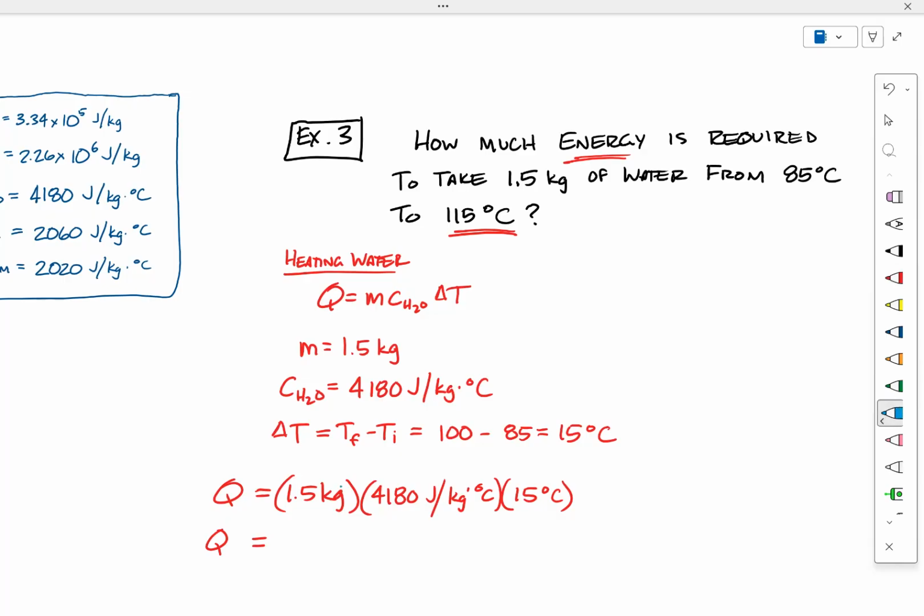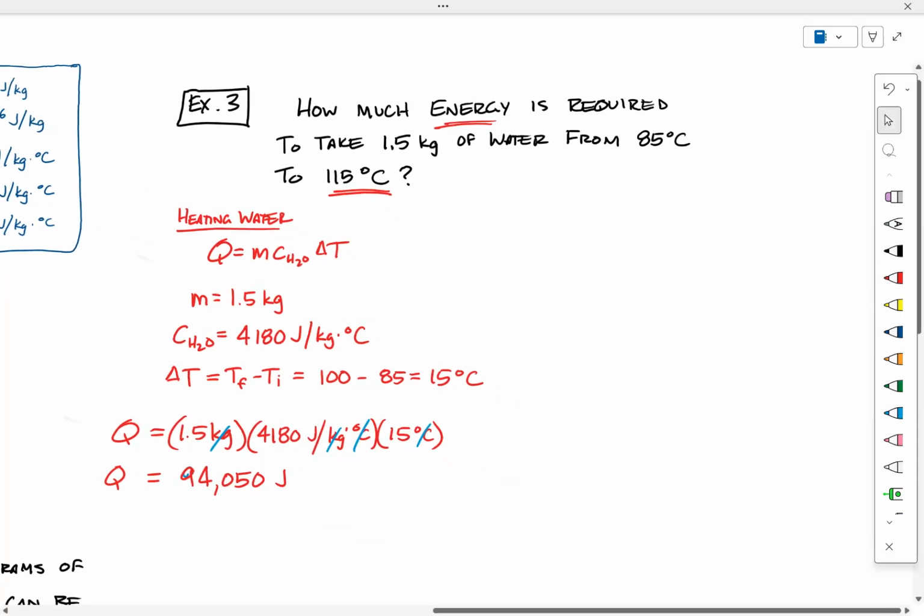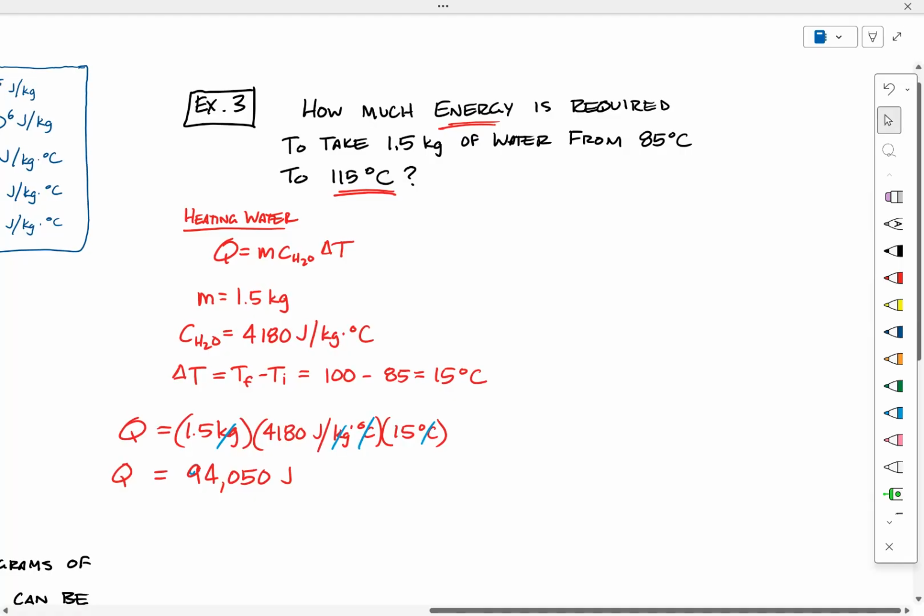Let me cross out a couple things to confirm that I did this correctly. Looks like I'm about to calculate the joules of heat, and I do that by multiplying these three numbers. And I'll write down the number as 94,050, and that's in joules. We'll round our numbers off in just a minute.